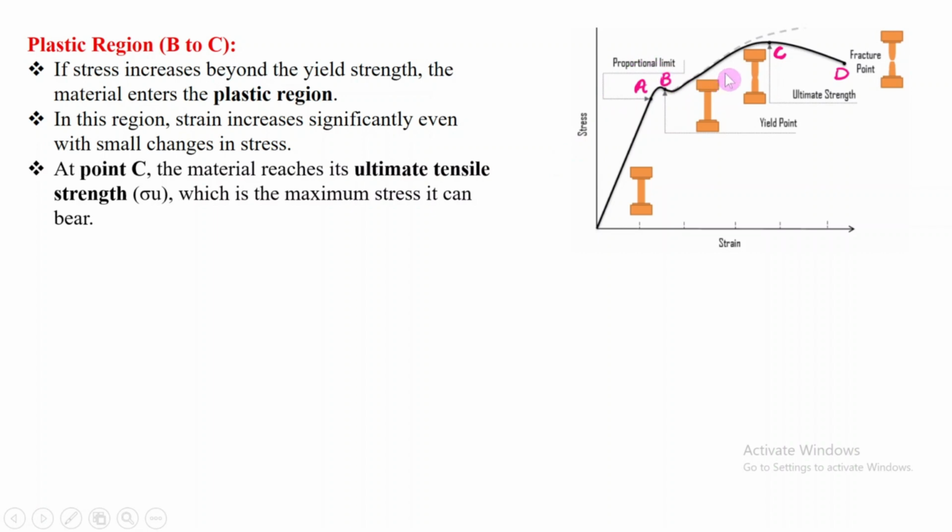Now there must be some point C. From point B to point C, the material will not come back to its original position if the external force is removed, meaning the material is now a plastic material. At point C, the material reaches its ultimate strength, which is the maximum stress it can bear.